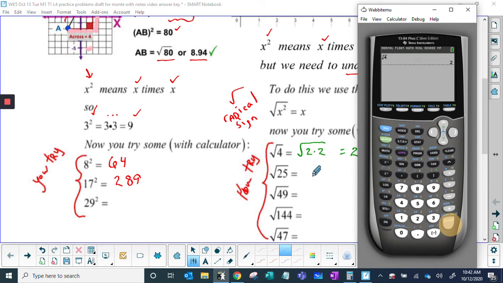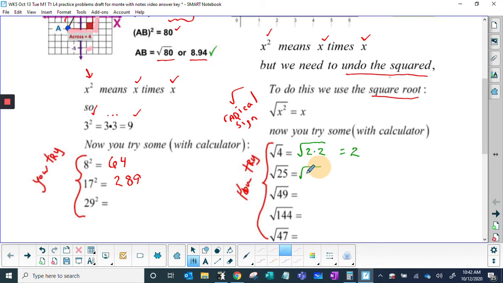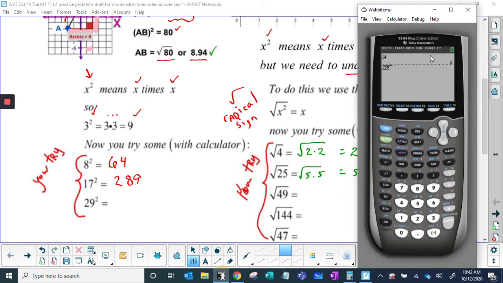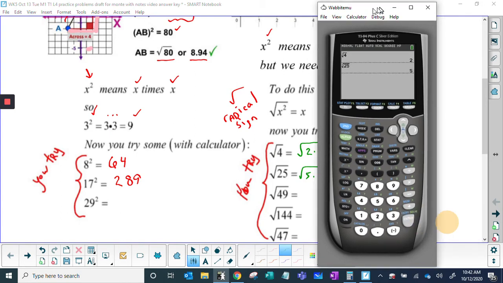The square root of 25. Okay, second square root 25. Before I hit enter, do you know what it is? 5 times 5 is 25. Let's try it. Enter. It is 5. Now, keep going.